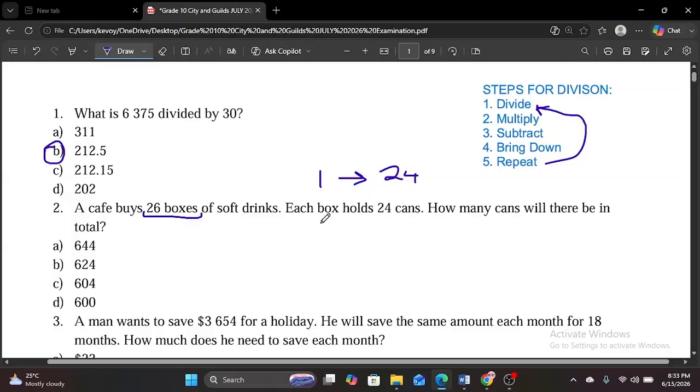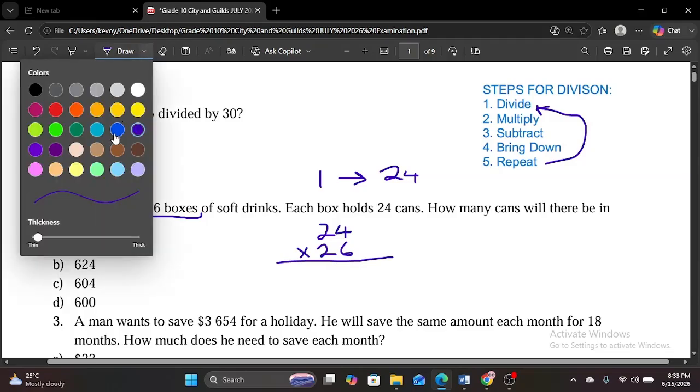So we're just going to multiply. We're going to multiply 24 times 26. All right, so let's quickly do that. That's going to be 6 times 4. 6 times 4 is equal to 24.